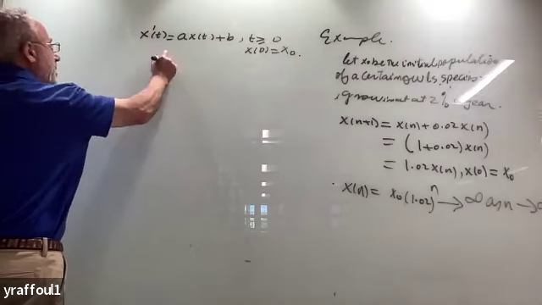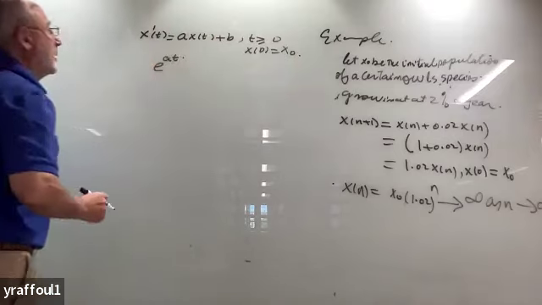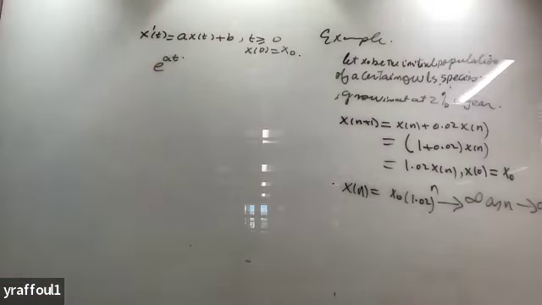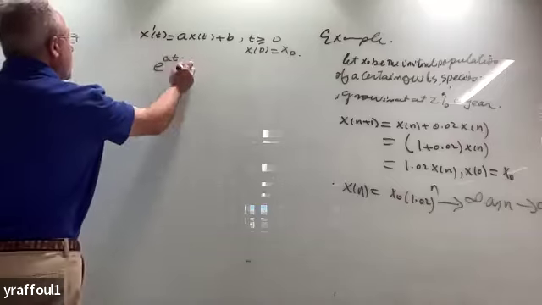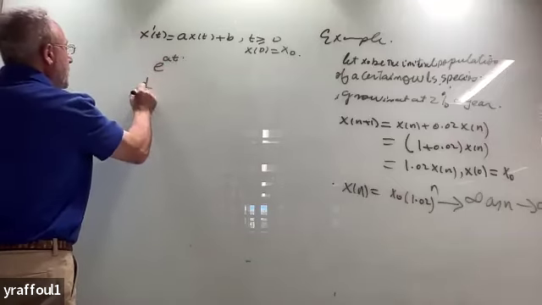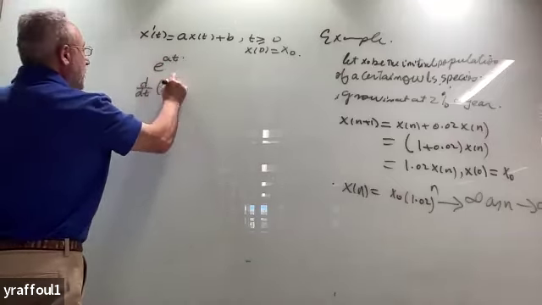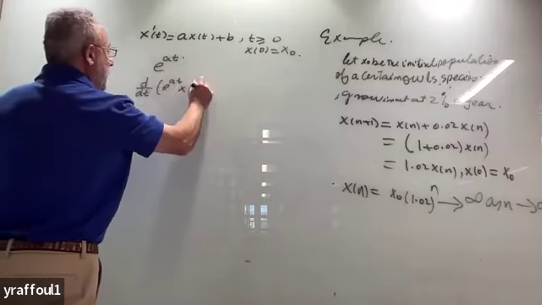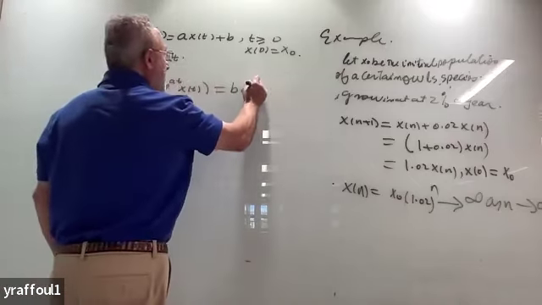So if you multiply by e to the minus at on both sides, okay? So this is the integrating factor. Then you're going to have d over dt of e to the minus at x of t equal b e to the minus at.